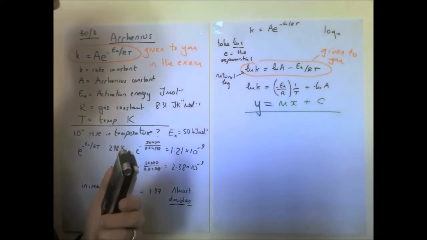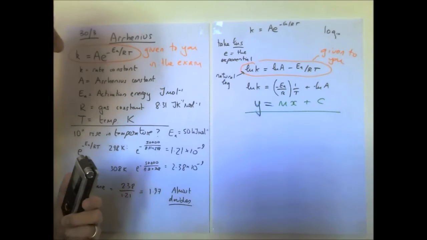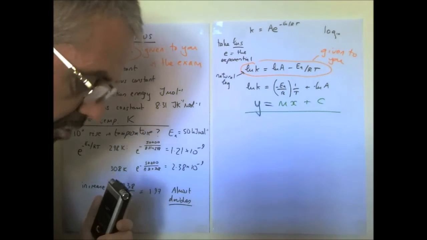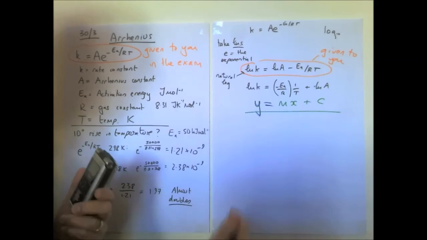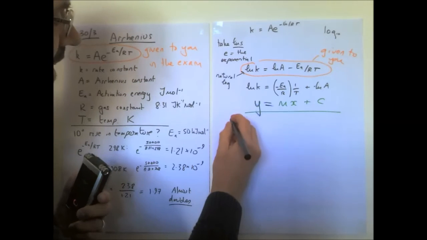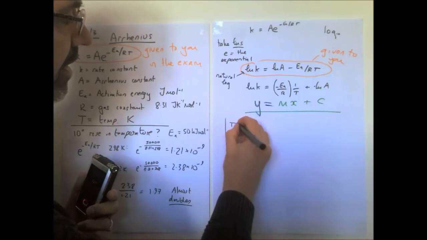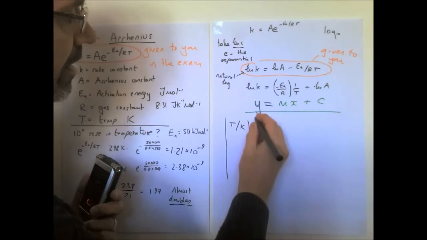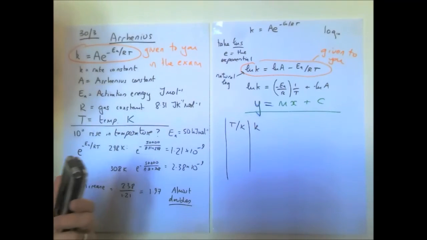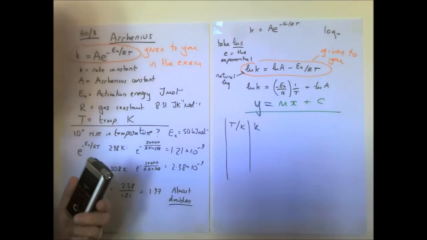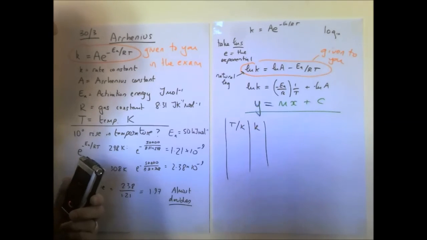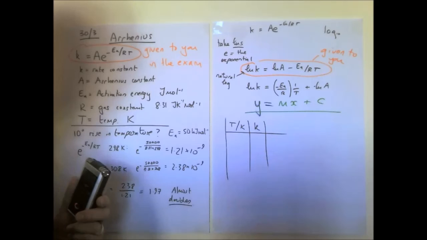So where's this going? Well, if I collect a load of data for a bunch of experiments and I calculate the temperature in Kelvin and I work out the rate constant, and we've done some work on the rate constant so far.